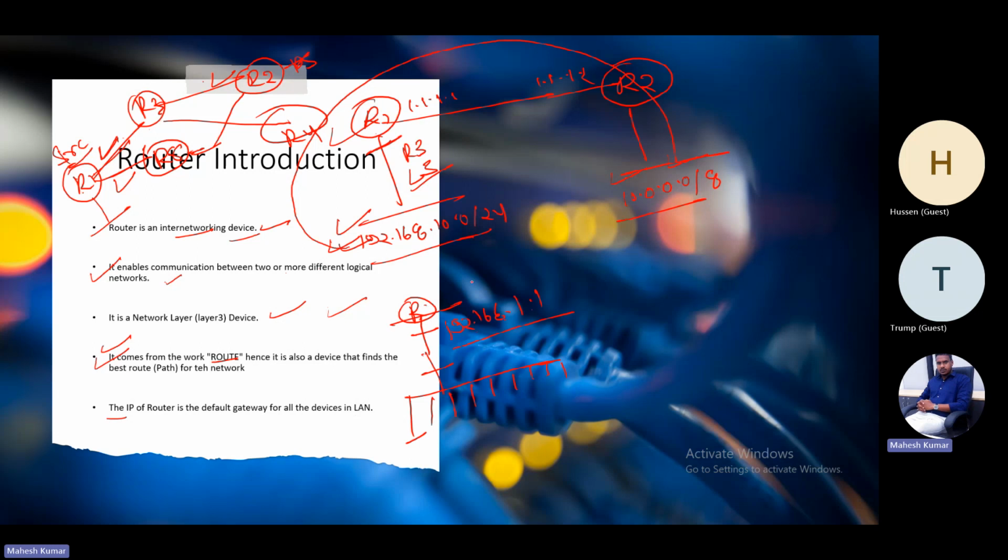Without a gateway they cannot go to the internet; the gateway must be available. So this interface is known as the gateway for all of them. It's like having one lock and one key to go in or out: this works like a key for the inside users to go outside.